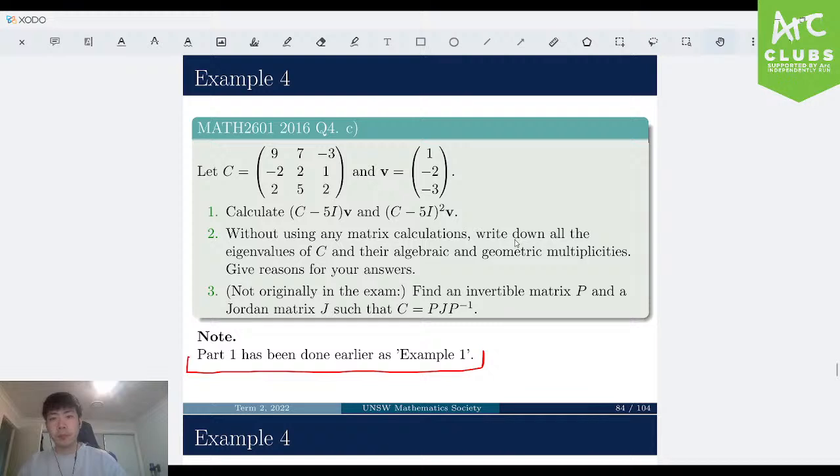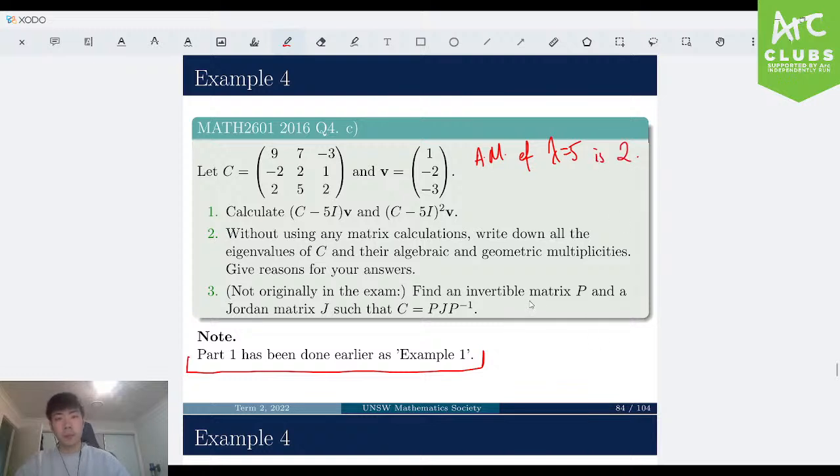That already tells us that the algebraic multiplicity of eigenvalue 5 must be 2, because the Jordan chain is of length 2. So we already know that the AM of eigenvalue 5 is 2.